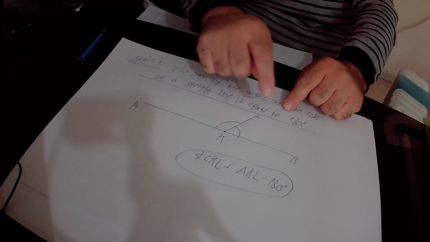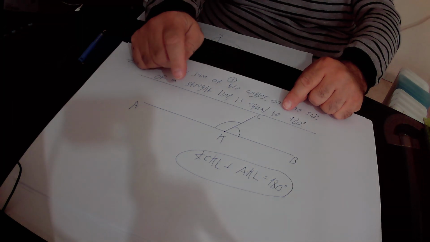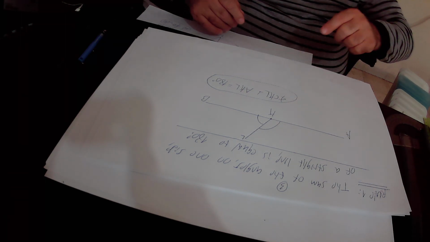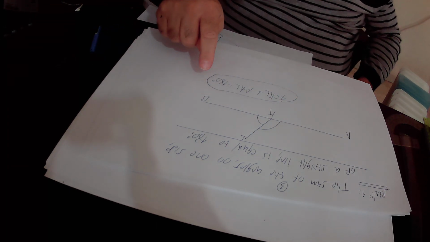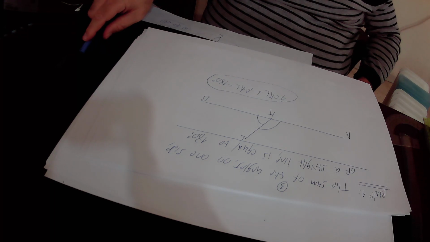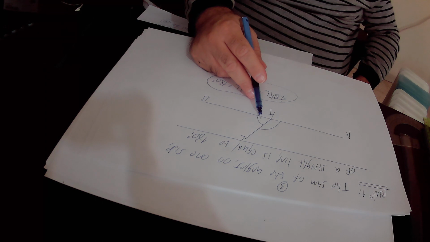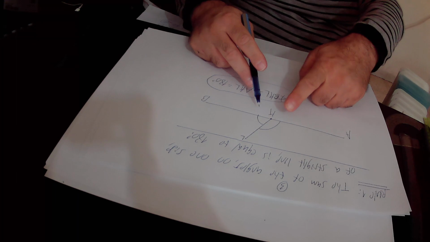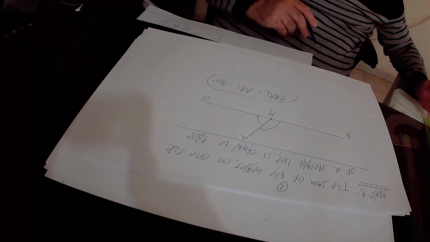Or angle AKL plus angle BKL. In total, the sum of those two angles must be equal to 180 degrees according to this rule number 1.